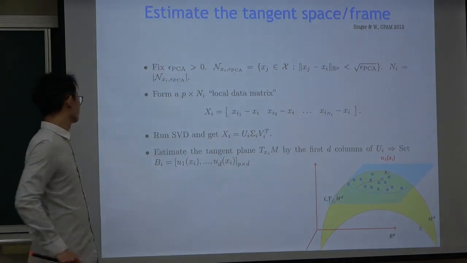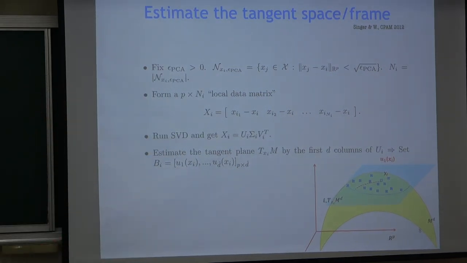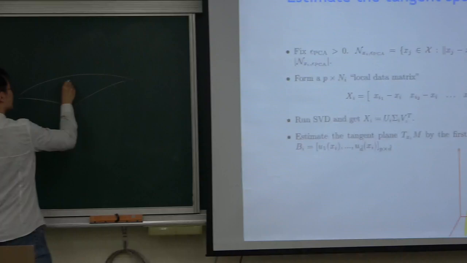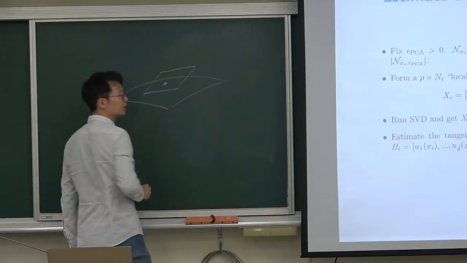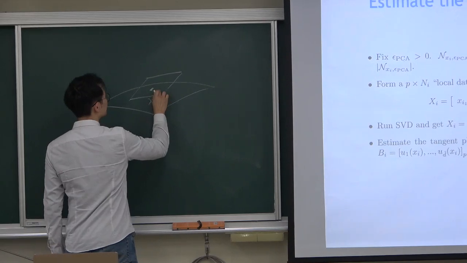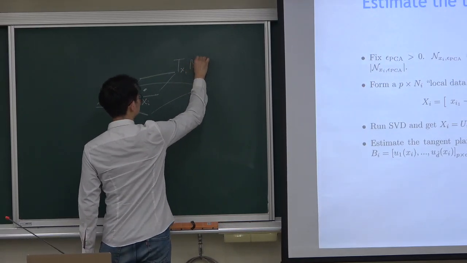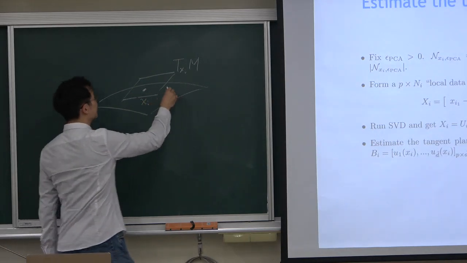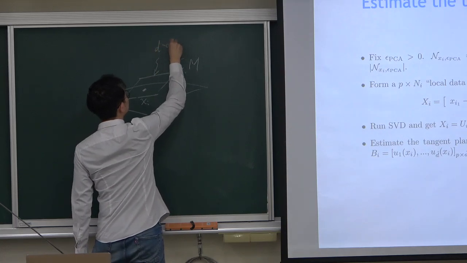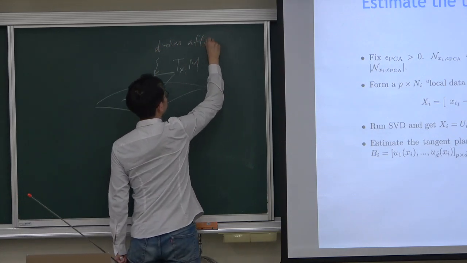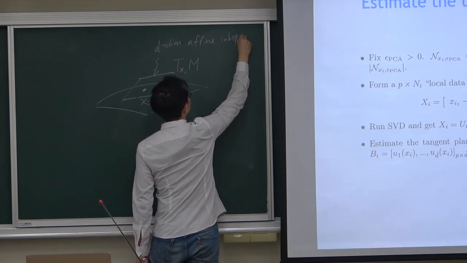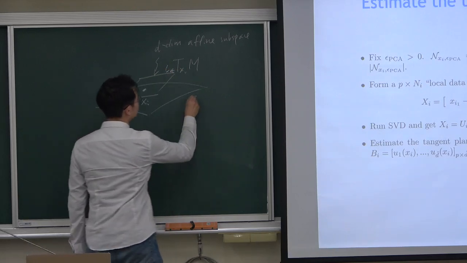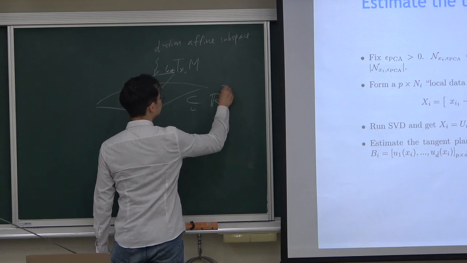What do we do? So locally, let me use the blackboard. You have a manifold. Locally, because it's a manifold, it can be well approximated by a tangent space, or by a d-dimensional affine subspace. Usually we also denote this embedded one as T star, and this is embedded in R^p.